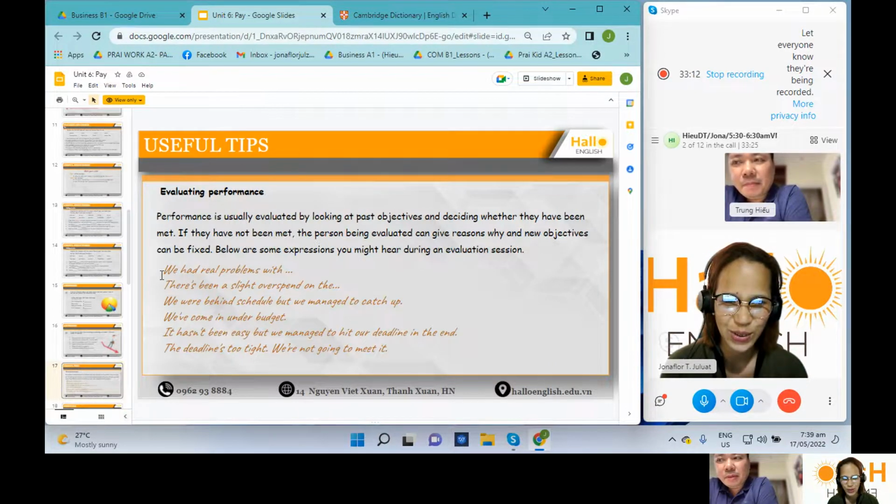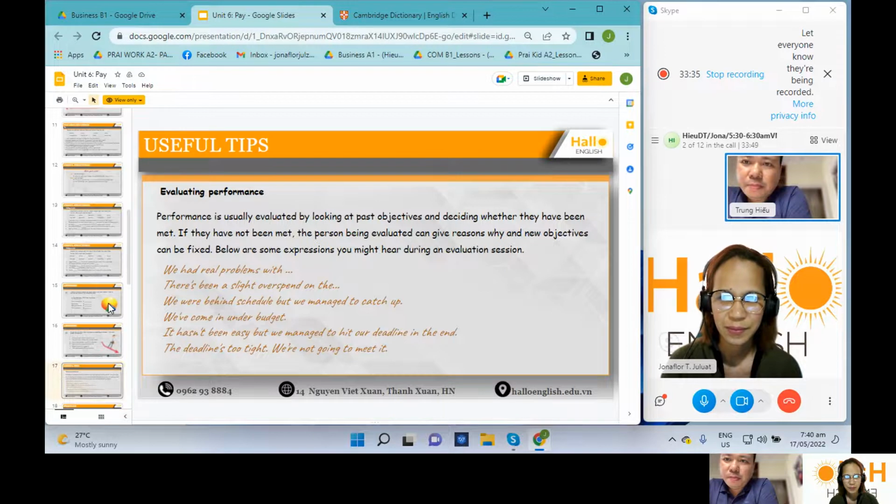So let's proceed to useful tips. Evaluating performance. Can you read? Performance is usually evaluated by looking at past objectives and deciding whether they have been met.